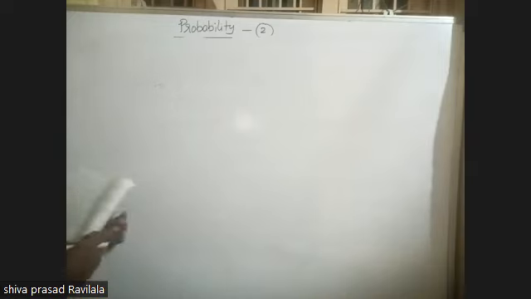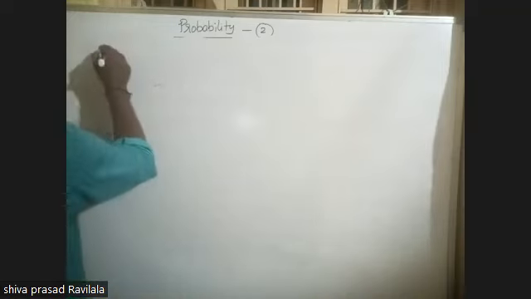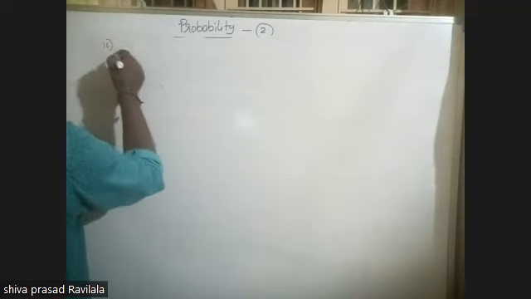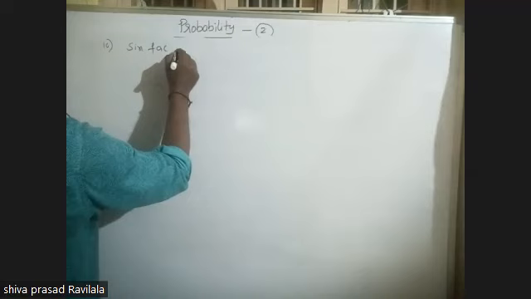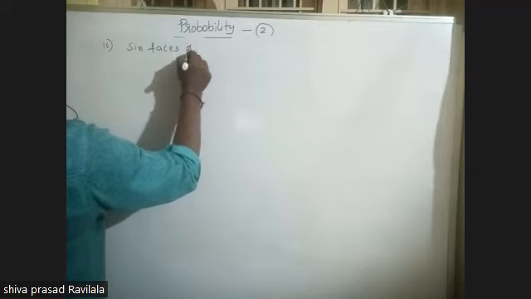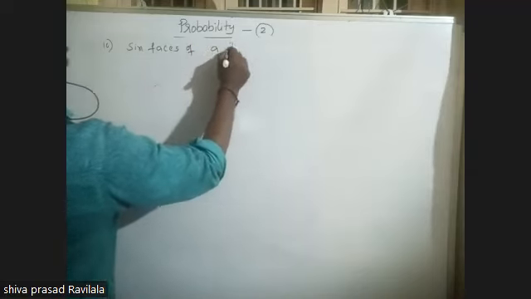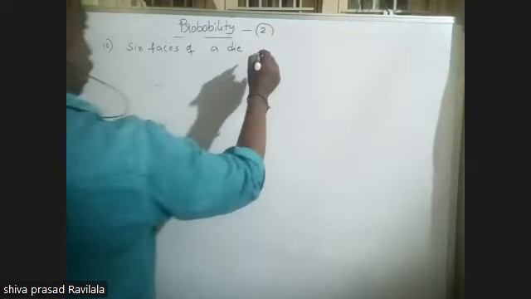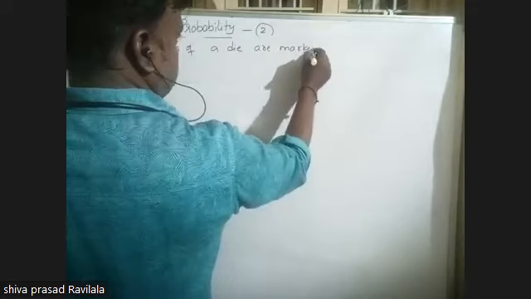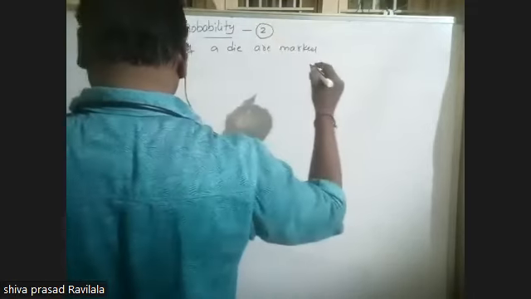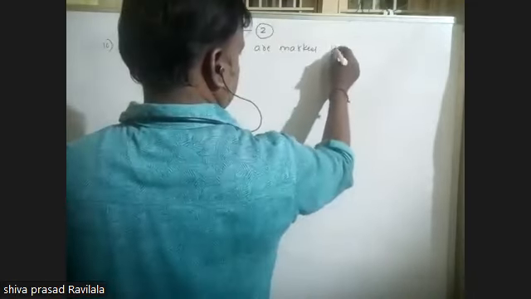And one more question, the same die question. I change the faces of the die. 6 faces of a die are marked with numbers.